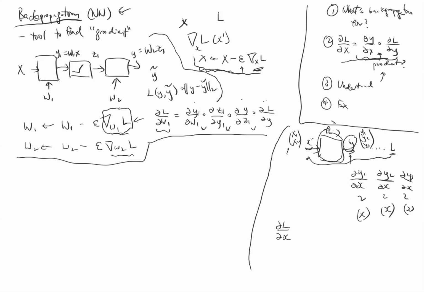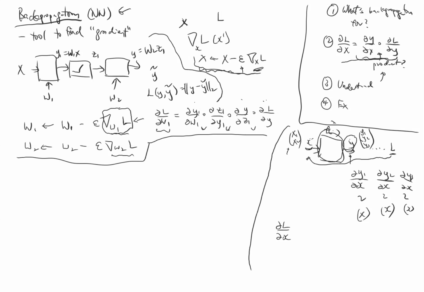For example, y is a vector with 3 dimensions. Then it goes for y1, y2, and y3.